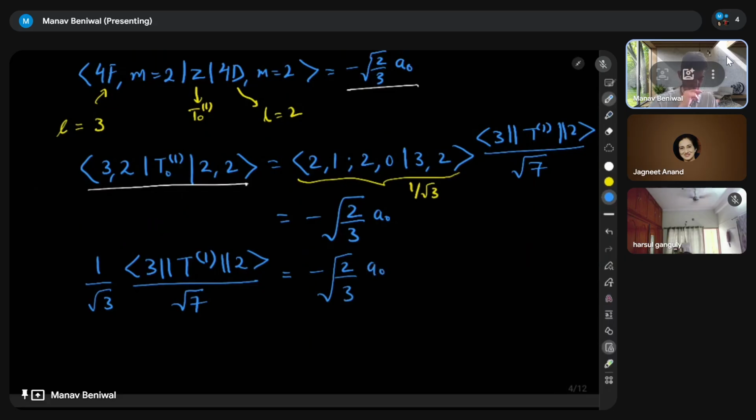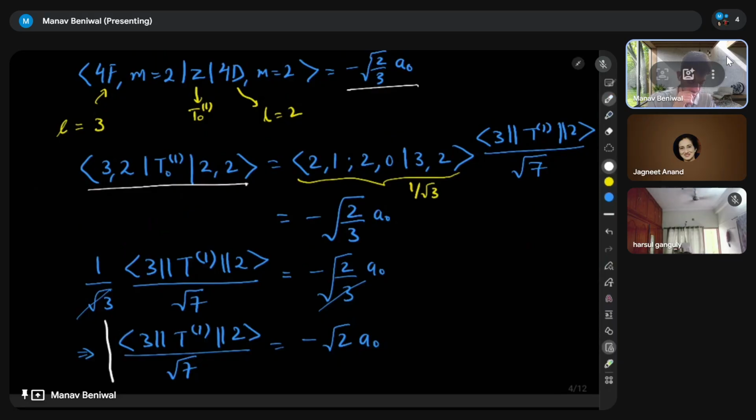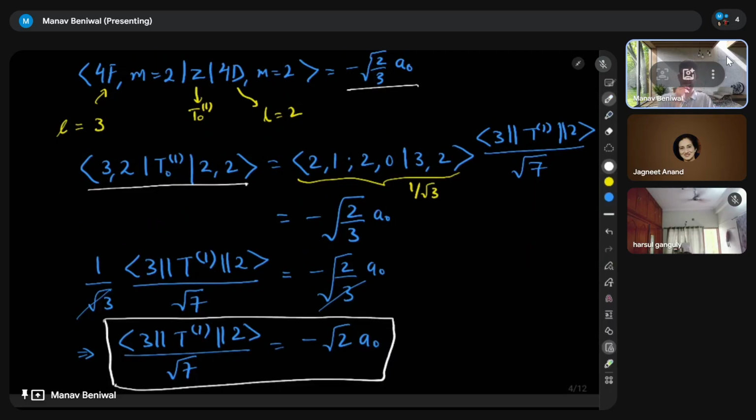So this root 3 will cancel out, and what this will imply is that this 3 T1 2 divided by root 7 is just minus under root 2 a naught. So we have calculated this value.